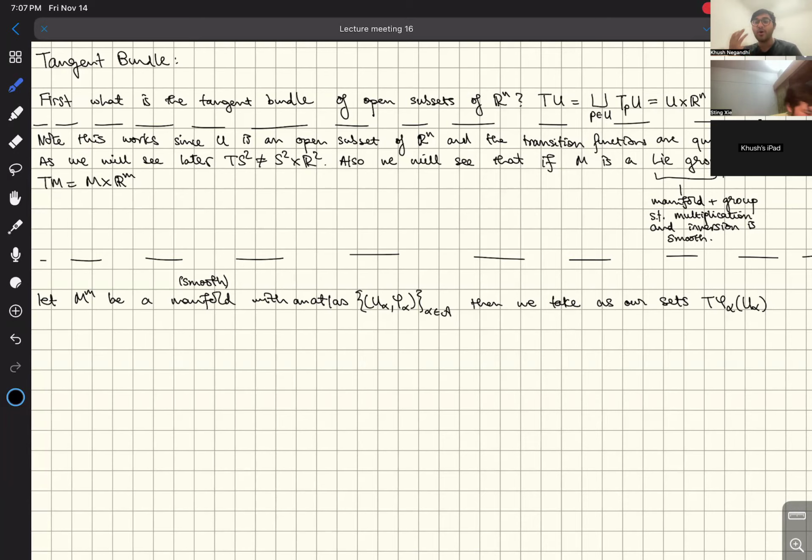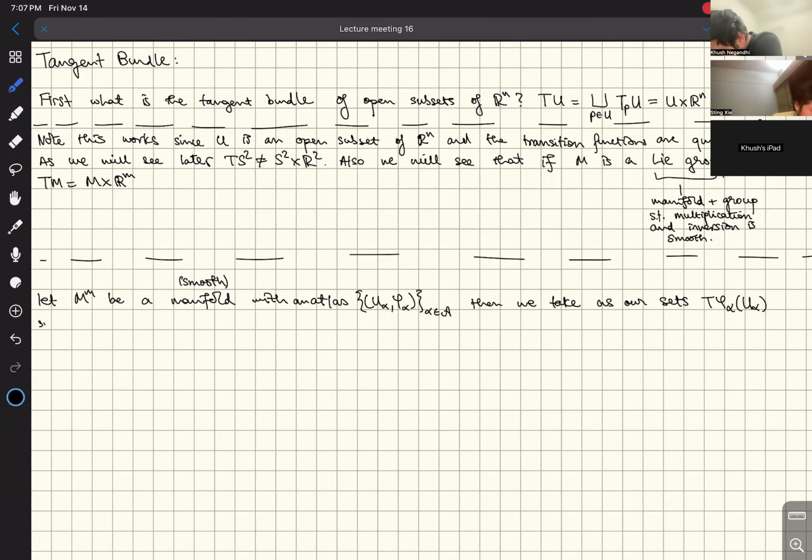By the chain rule, the only map that we can give between these tangent bundles has to be the derivative of the transition function. Does that make sense? This is a very important concept.